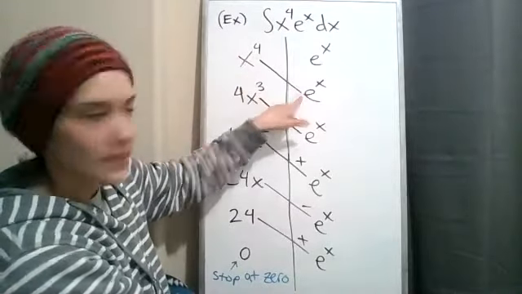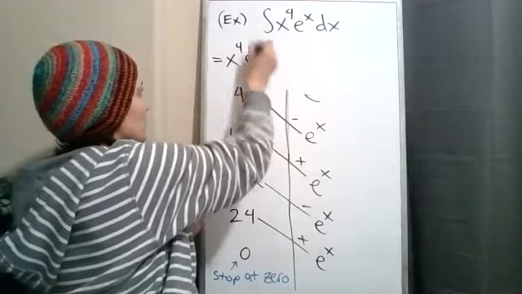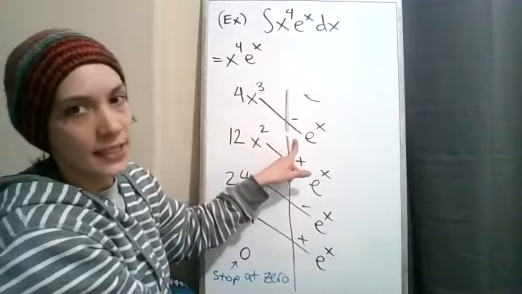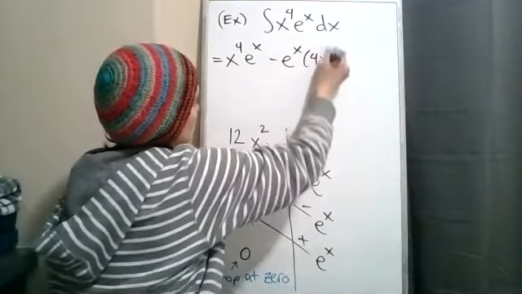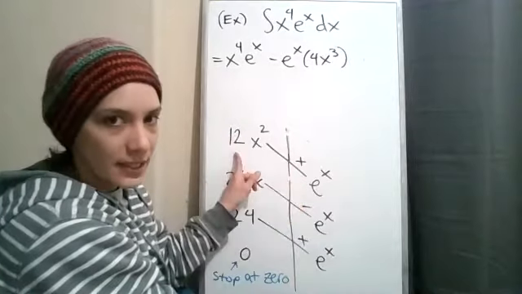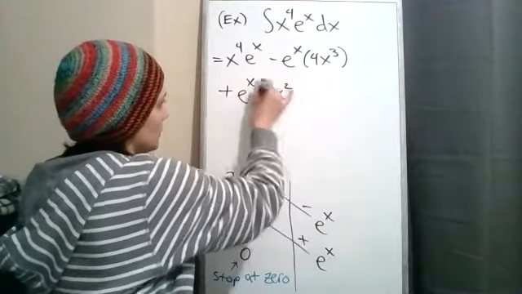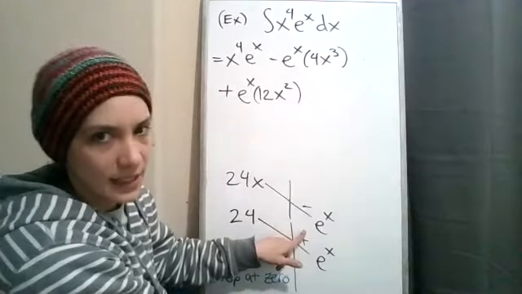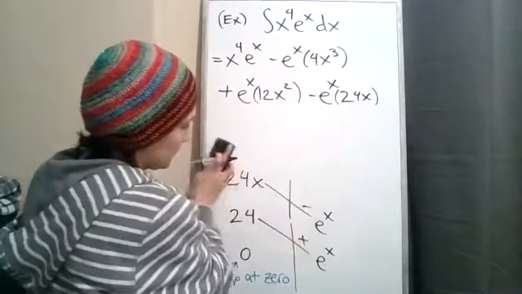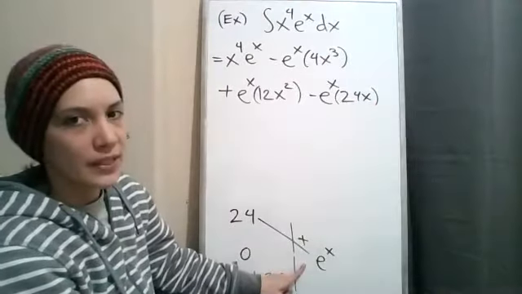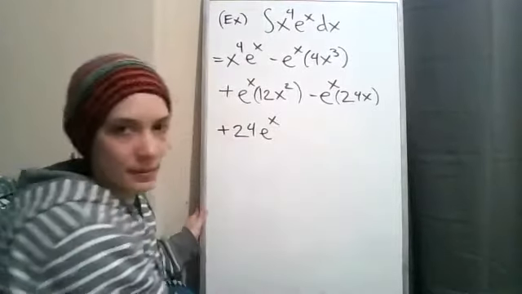It'll equal x to the fourth times e to the x, minus e to the x times 4x cubed, plus e to the x times 12x squared, subtract e to the x times 24x, and then add 24 e to the x. And then add c.